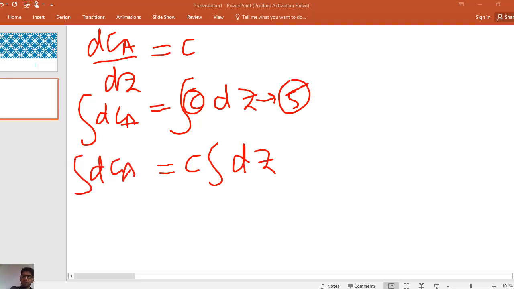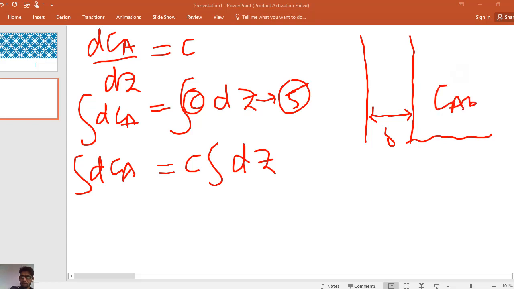As we know, there was a stationary wall, and this was the thickness of the stationary liquid, and there was a bulk flow.